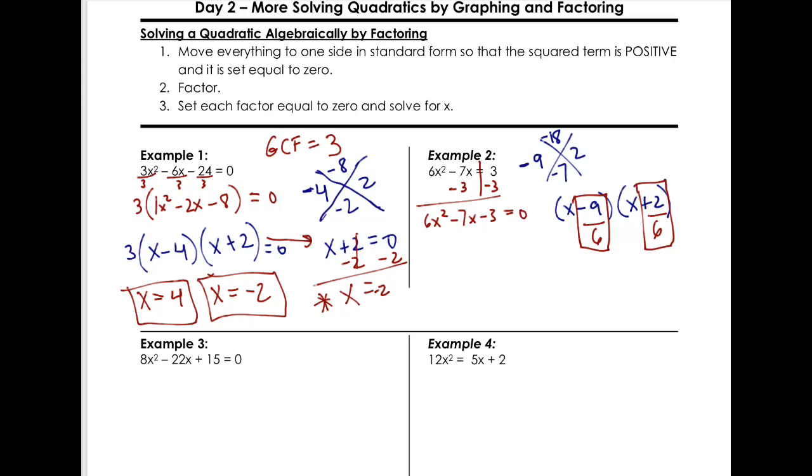Punch it in your calculator and simplify because it does simplify. What's it going to harm by checking to see if it simplifies or not? Okay. And so we have negative 9 over 6. That simplifies to negative 3 over 2.